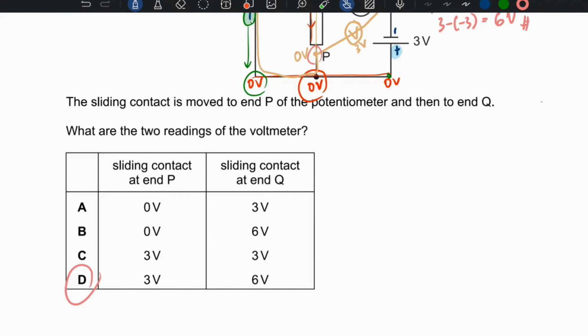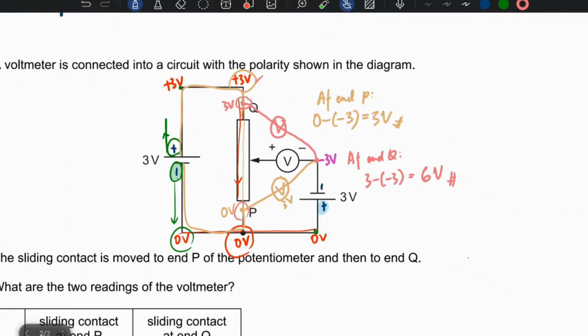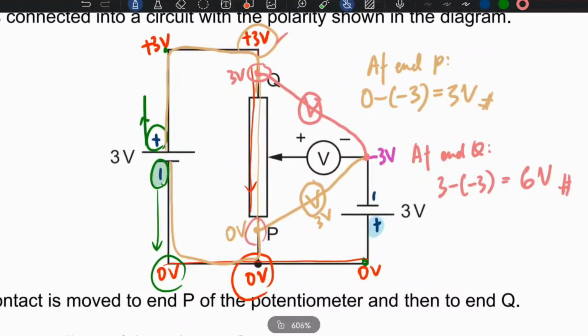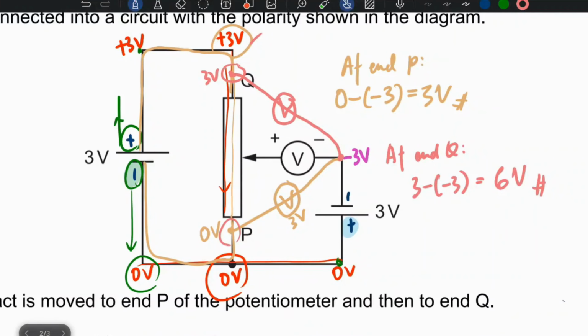There you go. So, one thing to point out is, first you need to really analyze the diagram, because one thing to be very careful of is this battery here. You need to be really careful of your battery.